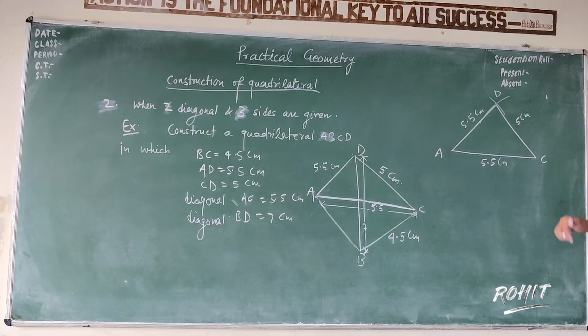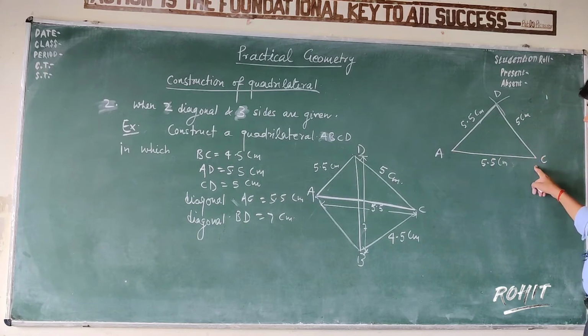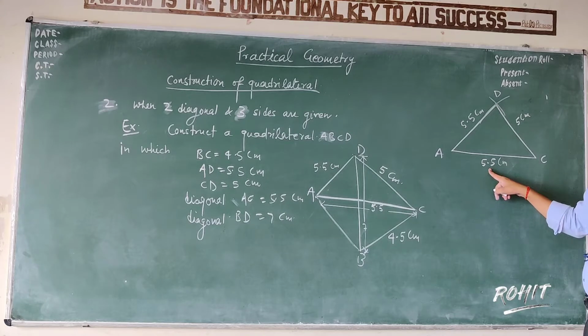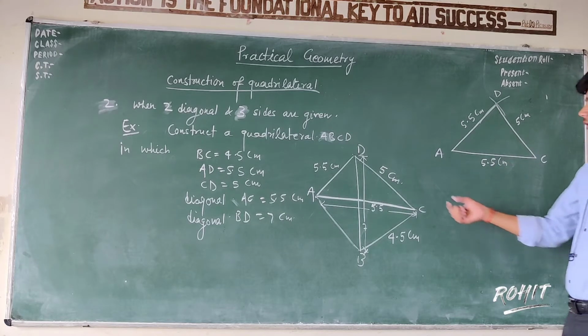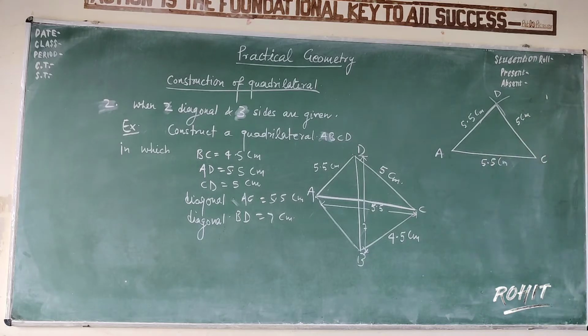Now the fourth step. First step is to draw AC of length 5.5 centimeter. Second step is to take 5 centimeter length in the compass and draw an arc, supposing we are assuming C as center.